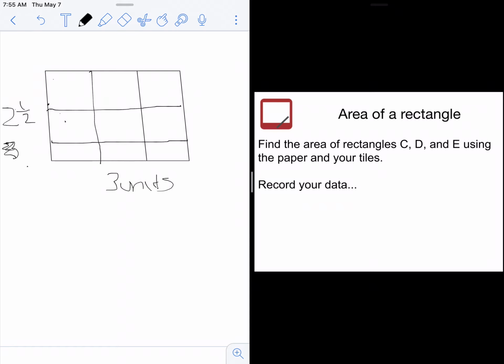Oh, units. Whoops. I want to make sure I label. So 3 units by 2.5 units.